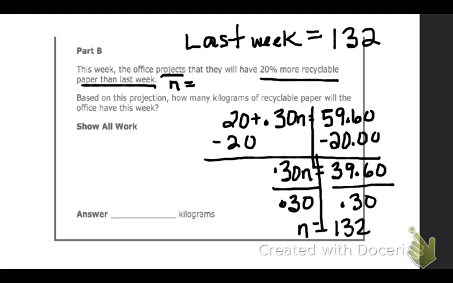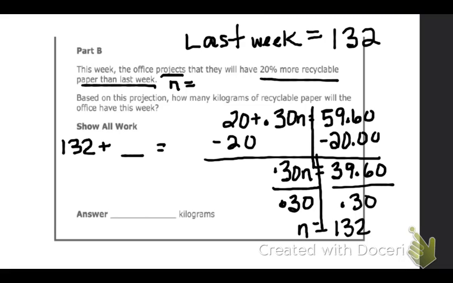So now to figure out this week, they're going to have 20% more than that. There are 2 ways to do this. Okay, so I'm going to go ahead and do one way, but I'm also going to mention another way in case you did it a different way. So more than means add. So we know they're going to have 132 because that's how much they had last week. Plus I need to add a little bit more now to get my total. My total is 20% more than that.